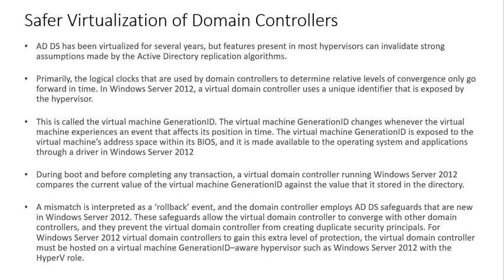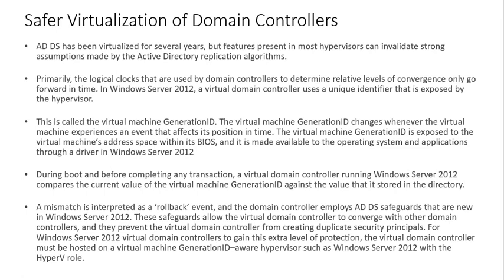During boot and before completing any transaction, a virtual domain controller running on 2012 compares the current value of the virtual machine generation ID against the value that is stored in the directory. A mismatch is interpreted as a rollback event, and the domain controller employs ADDS safeguards that are new in 2012.